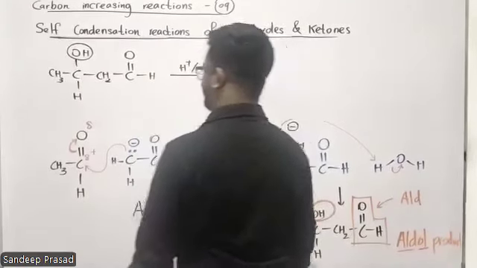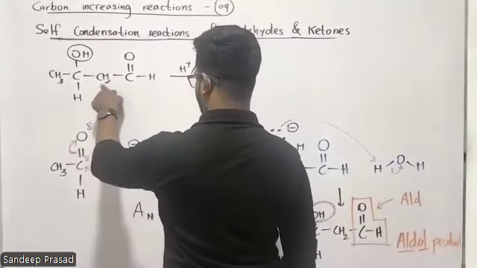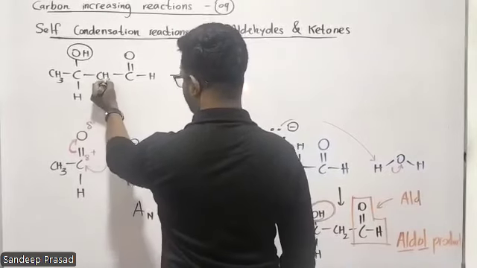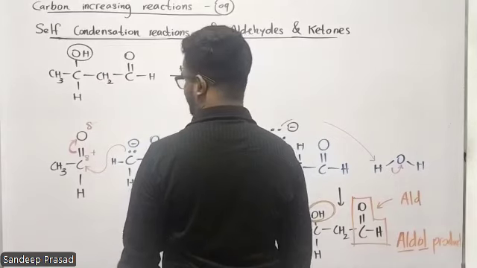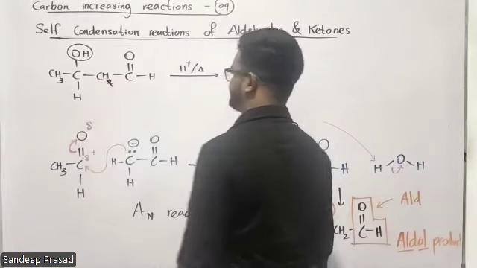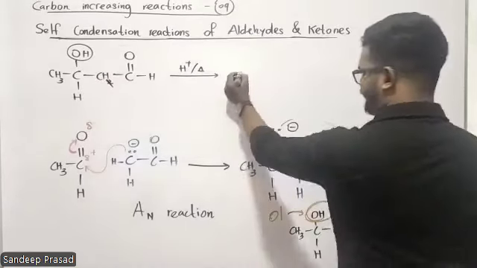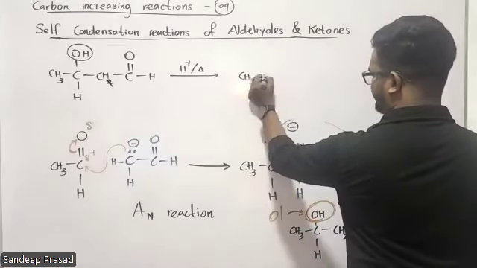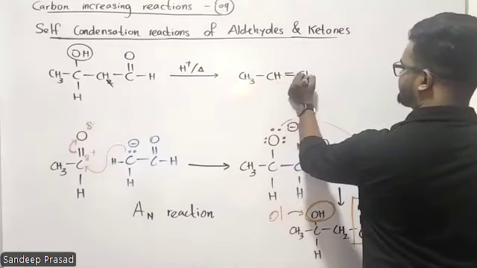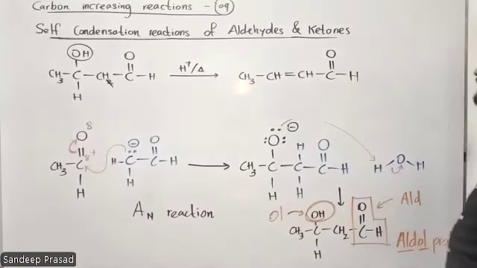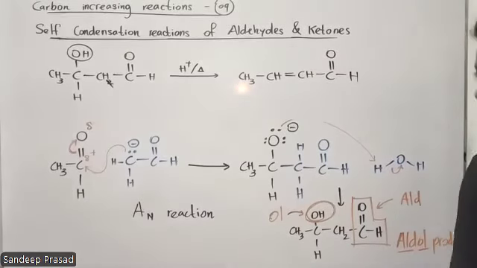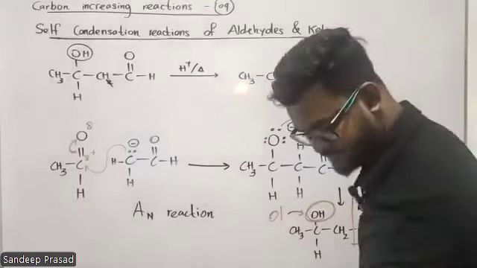According to the Saytzeff rule, hydrogen should always be eliminated from the carbon atom that is connected to fewer hydrogens. So therefore, it's from here. Then the product is CH3, CH double bond CH, CHO. Right? Remember, students, this compound is known as, right?